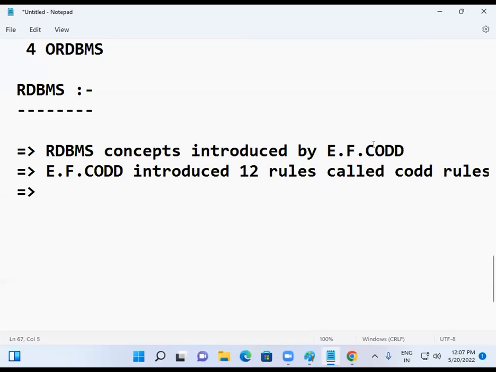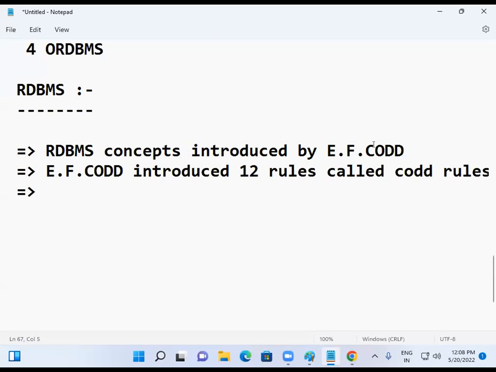Any language that supports all the features of OOPS is called a perfect object-oriented programming language. Similarly, a software that supports all 12 rules is called a perfect RDBMS.